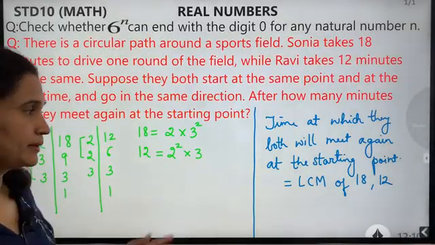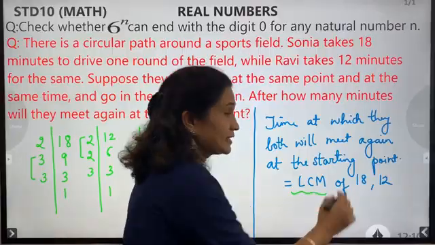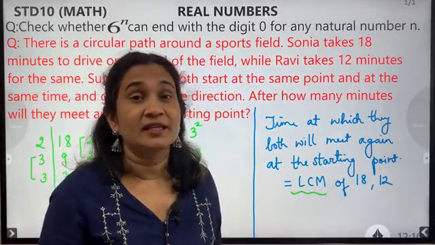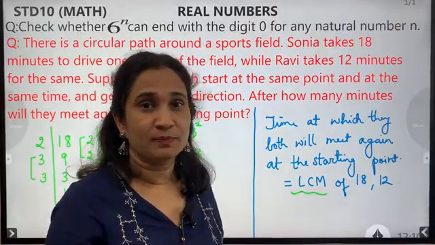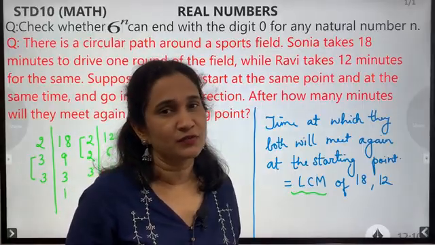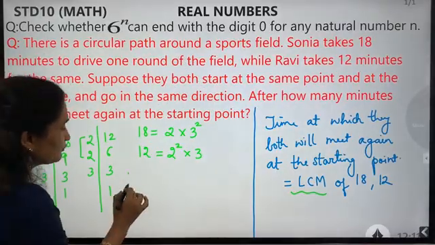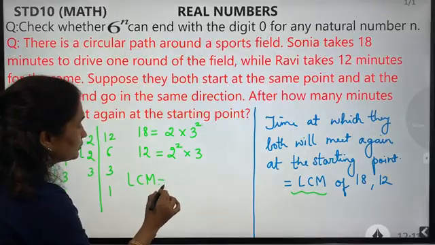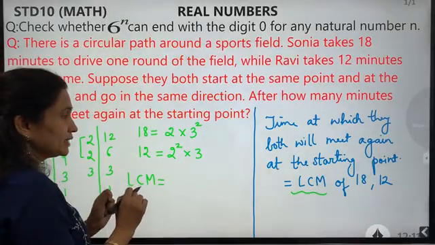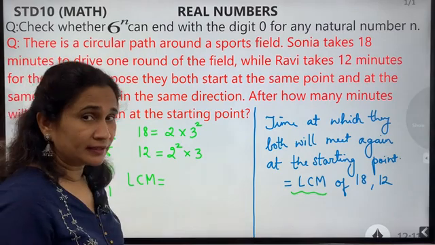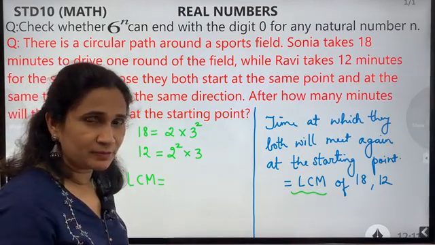Till here fine, but we need to find the LCM. And what is LCM? LCM is the product of the greatest power of all the factors whichever are there. Therefore LCM is equal to: we take all the factors but we take the greatest power of each.